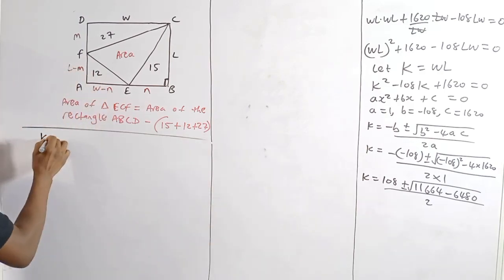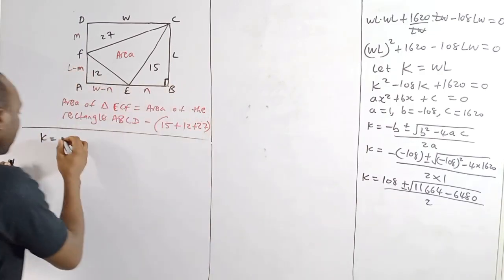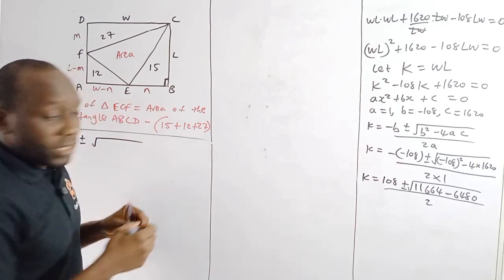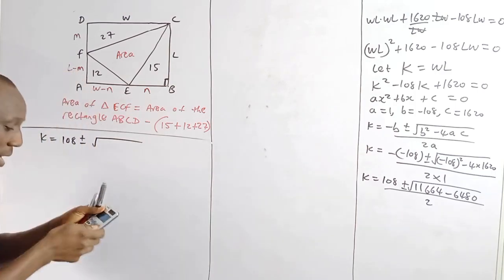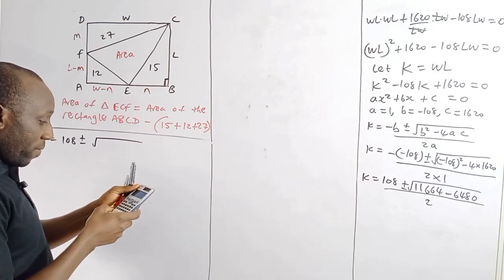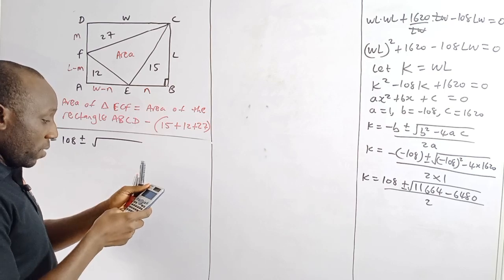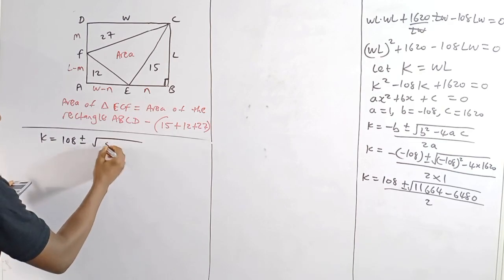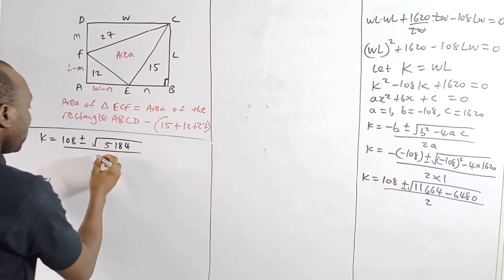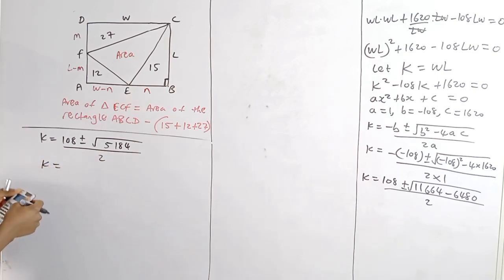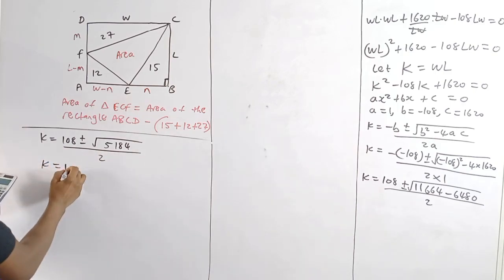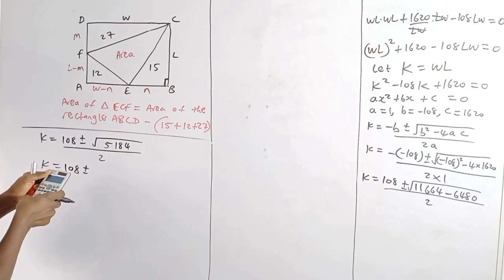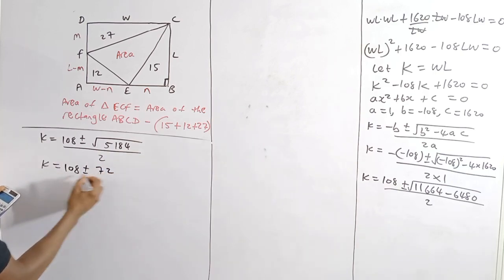So I have that K is equal to 108 plus or minus the square root of 11664 minus 6480 is 5184. 5184, all divided by 2. So here K is equal to 108 plus or minus, what's the square root of 5184? That's 72, then over 2.